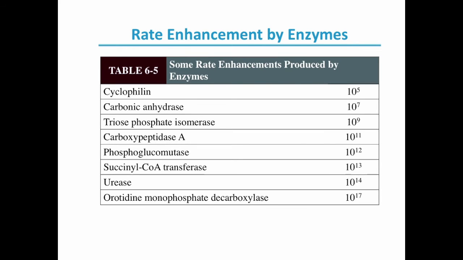This table gives you an example of some of the rate enhancements produced by enzymes. So carbonic anhydrase enhances the rate of those catalyzed reactions on an order of 10 to the 7th. That means that the reaction with the enzyme is 10 million times faster than the corresponding reaction without the enzyme.